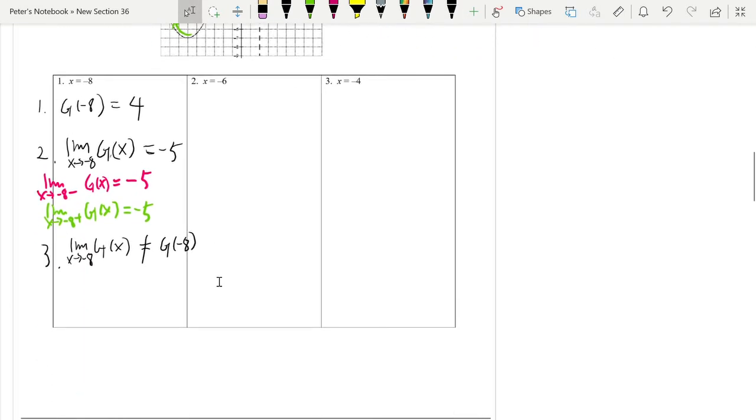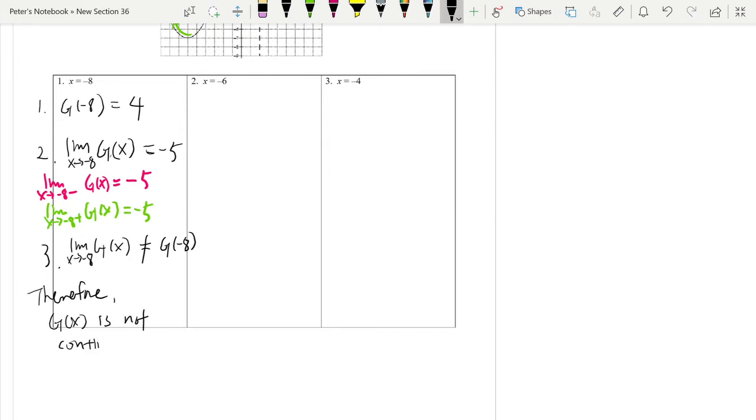Even though it satisfied the first two conditions, since it didn't satisfy the third, you're going to say, therefore, g of x is not continuous at x equals -8. Pretty cool, eh?